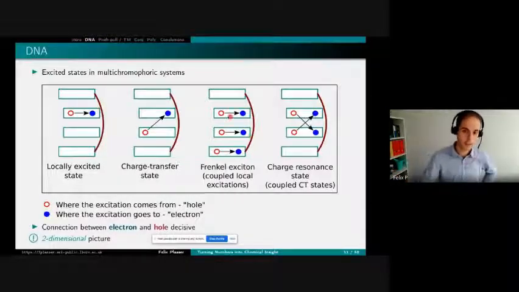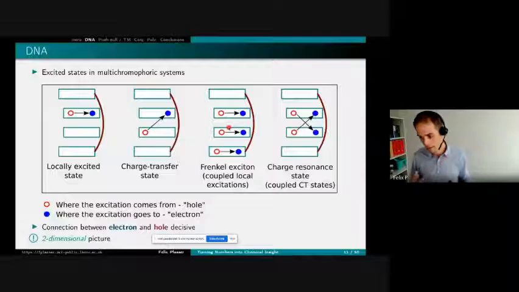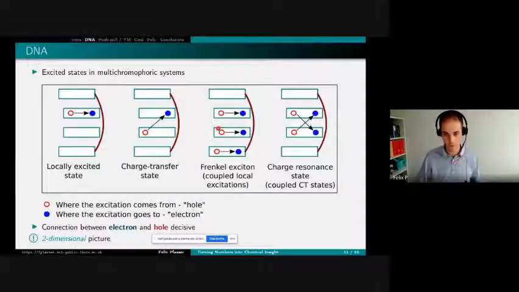For example, here we have coupled local excitations, which we call a Frenkel exciton, or we could have charge resonance states where we have coupled CT states. Both are delocalized, but when you look at transition moments or energy dependence with respect to separations, those are completely different types of states, but you wouldn't see it if you just look at the canonical orbitals.